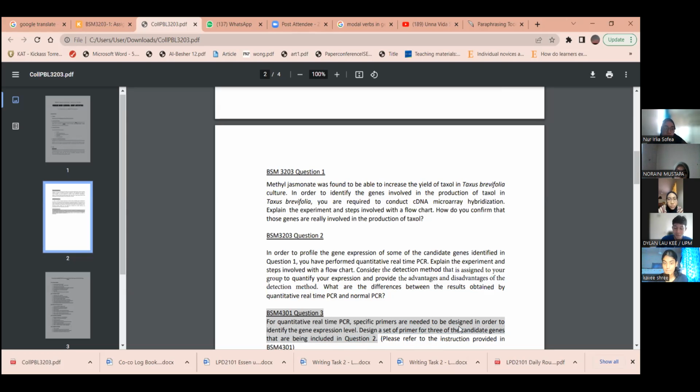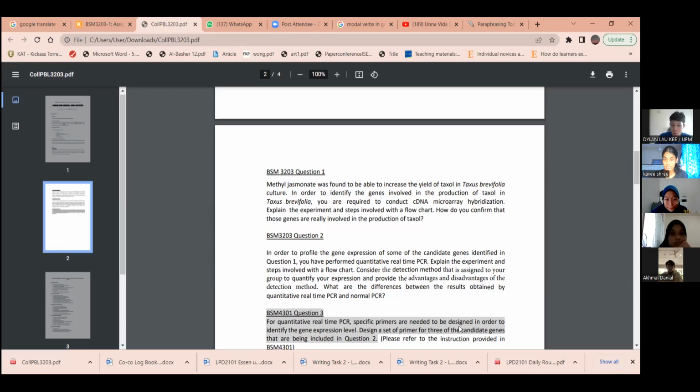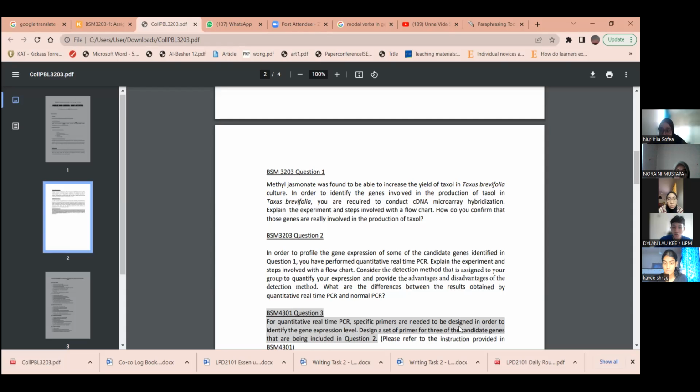And also mention the differences between the results obtained by quantitative real-time PCR and normal PCR. Okay, so normal PCR here maybe refers to the qualitative, the conventional, the usual PCR we do. What do you guys think? I agree. Yeah, I think so.